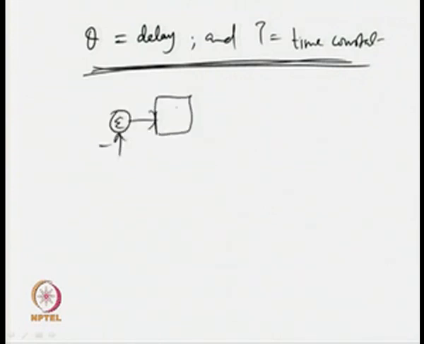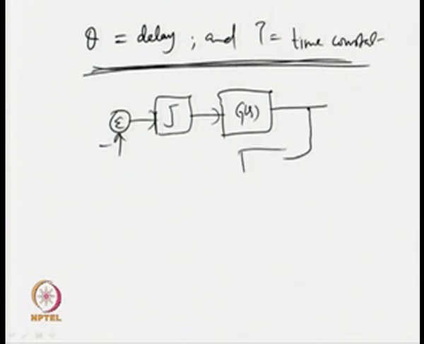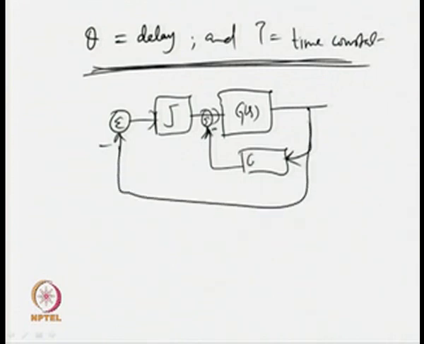So, the relay is connected to the plant, and now the plant has some inner feedback controller, this is the controller, because we are considering an online identification scheme. Okay. So, this is the equivalent representation of the online identification scheme.